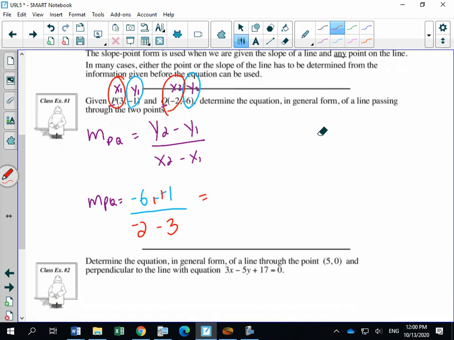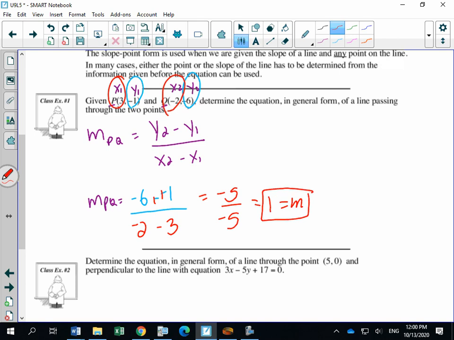So the slope is -6 plus 1, which is -6, all over -5. Actually, no, that's a mistake. Do you guys see what my mistake is? It should be -5 over what? Yeah, -5 over -5. What does that equal? 1. And that is my slope.